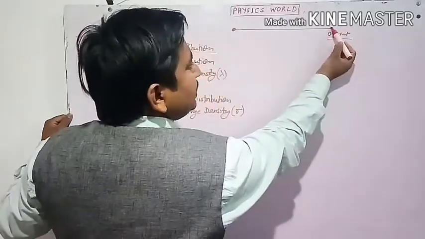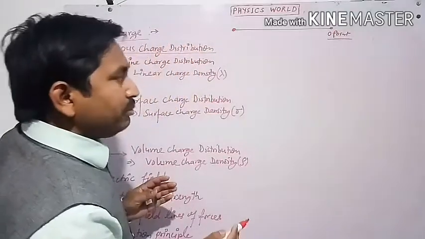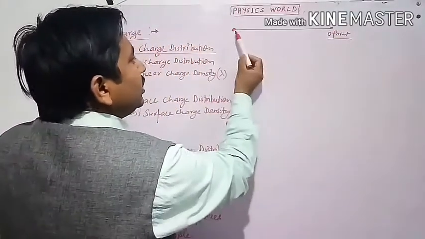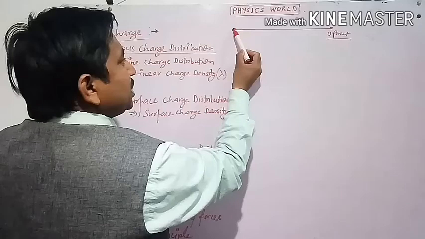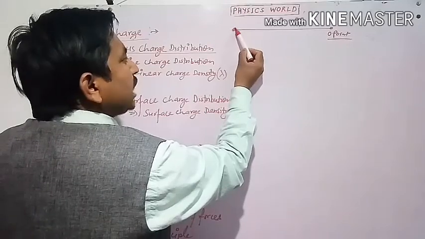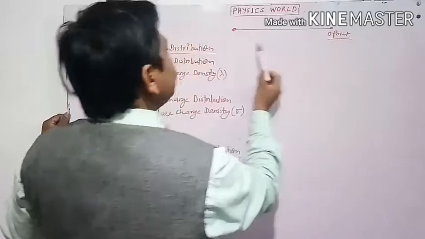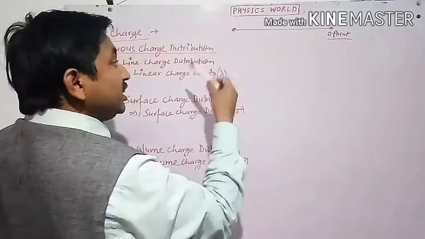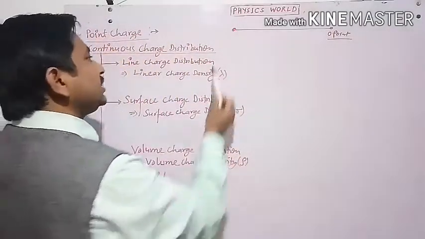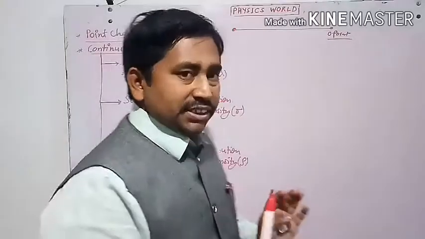Suppose that this is the observation point from where you are observing this charge, whose size is very small in comparison to this distance. So this charge is treated as point charge in this case.